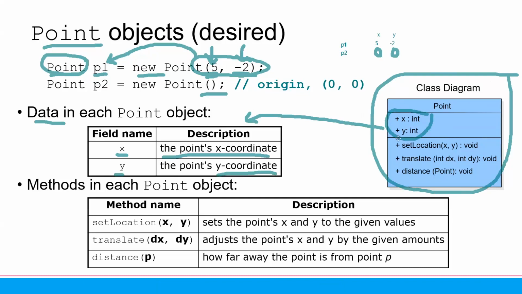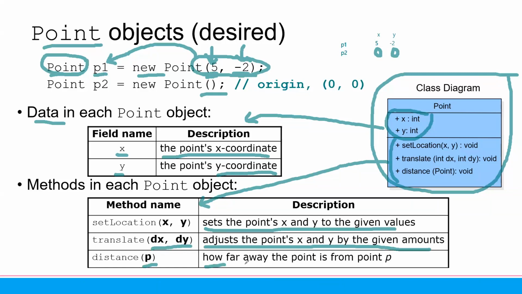And the method names you need to define: setLocation X comma Y is to define the point X and Y, and translate dx, dy is to adjust the point X and Y by the given amount, and then distance is how far the point is from point P.